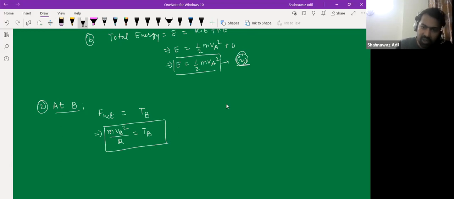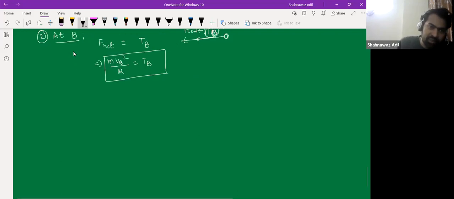Now, because at this point we have only TB and we have only this centripetal force, this tension will act as the centripetal force, right? So then this is the first part.